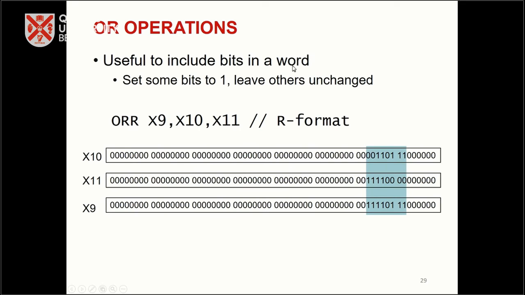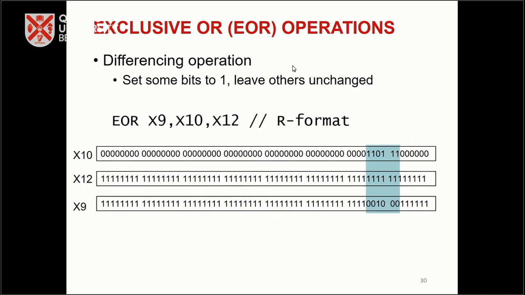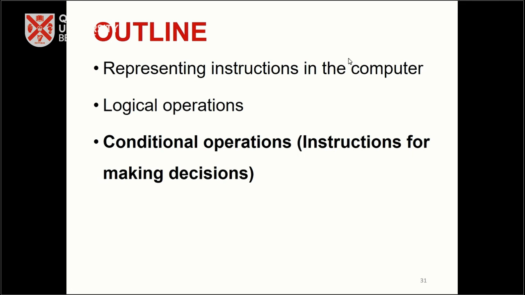Then we have the OR instruction, which is the opposite, in which we could use this to include some bits. And the exclusive OR, that remember I told you it's EOR, not XOR, is also good for differentiating operations.